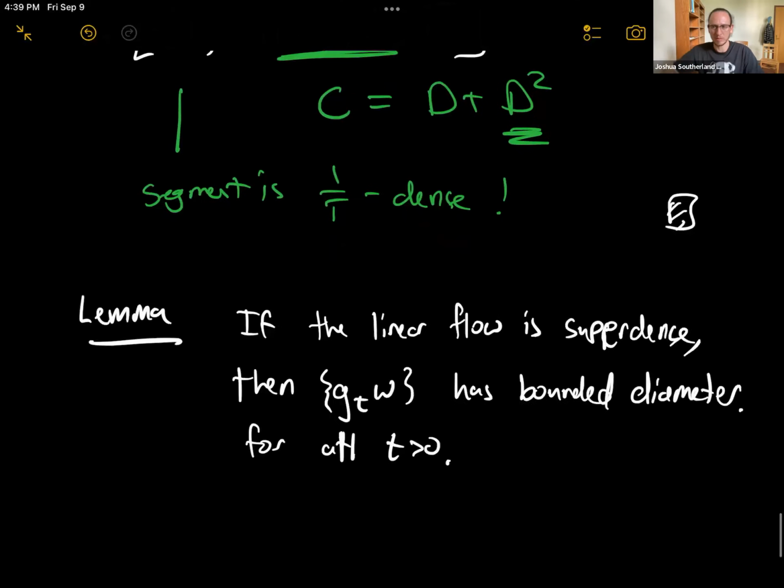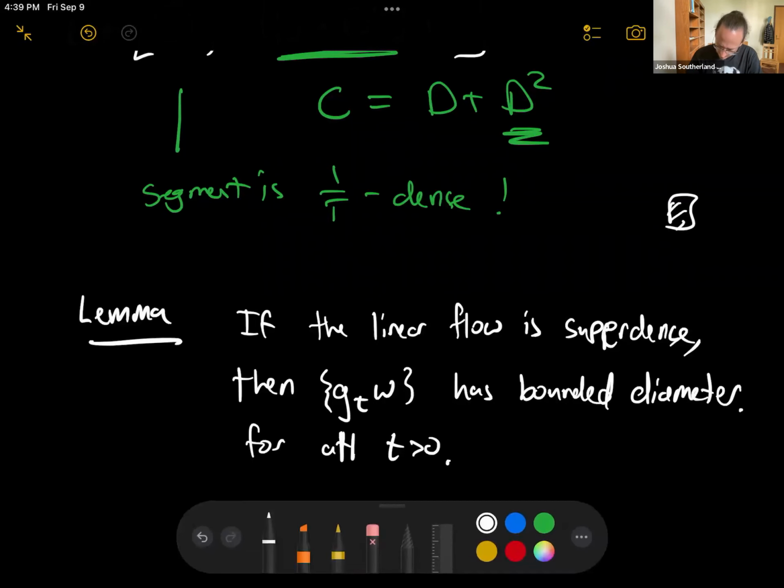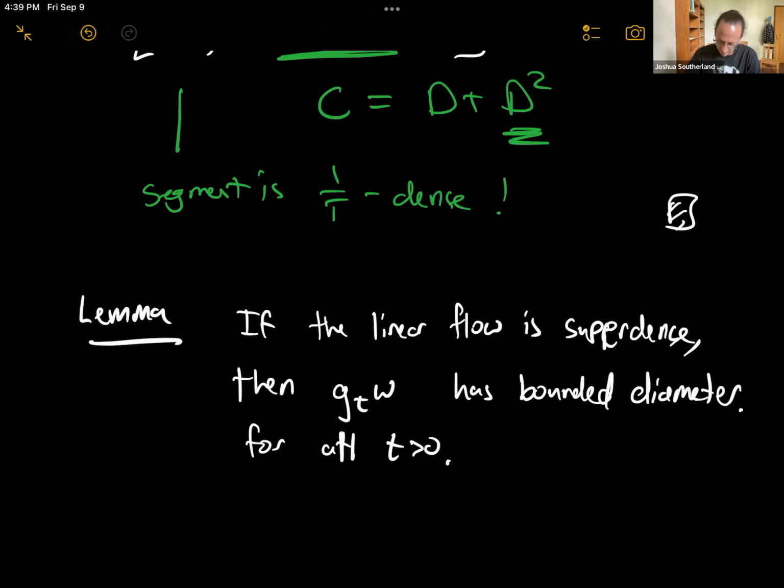Again, we have to not run into the singular points in the geodesic, but as long as that's not happening, then any g_t omega, yeah, so the super dense flow that we're interested in, we just have to find one on the surface that's not hitting a singular point.